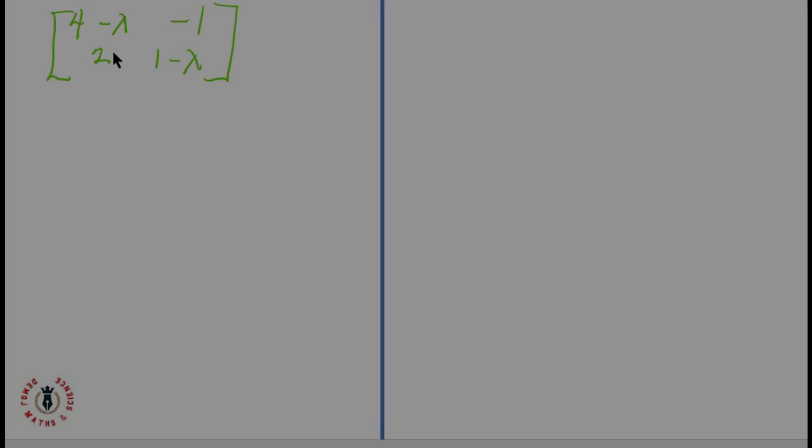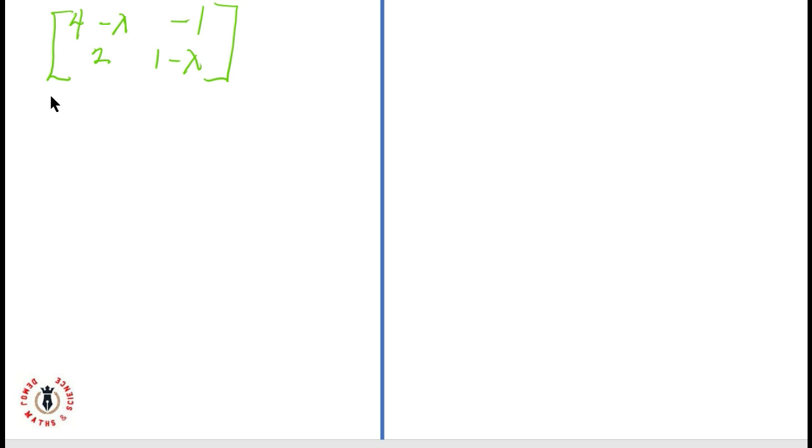Now I've written the equation. My characteristic equation is the determinant of this matrix, 4 minus lambda, minus 1, 2, 1 minus lambda, equals 0.